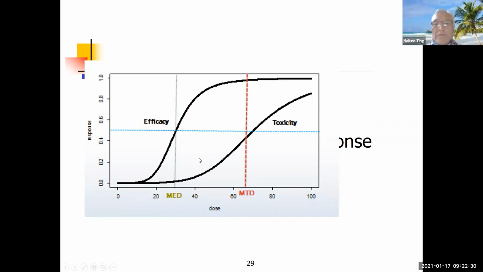If you're looking at chemotherapy, the efficacy curve and toxicity curve almost get together, because for chemotherapy you're trying to kill the tumor cells. So we call these drugs cytotoxic drugs, and they may be killing your normal cells also.